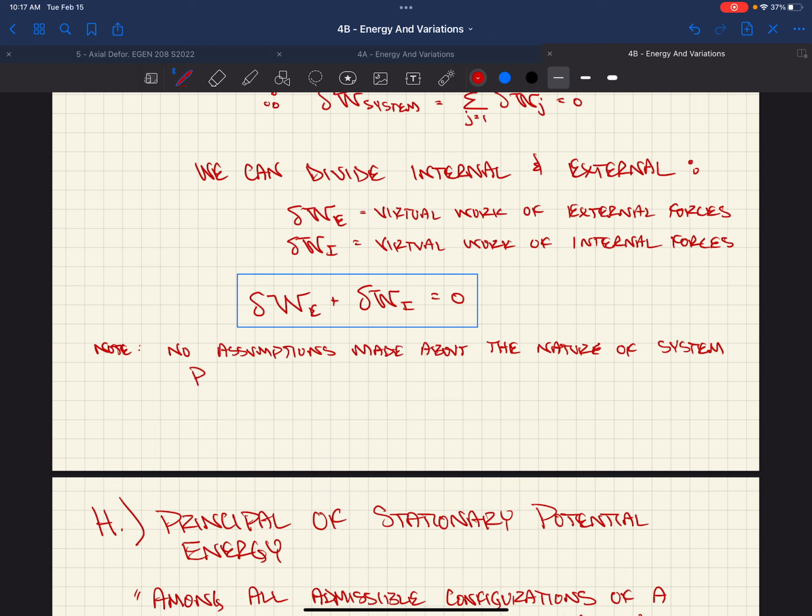The principle of virtual work, PVW, is valid for our linear systems, our nonlinear systems, elastic and plastic behavior. All are valid with this principle.